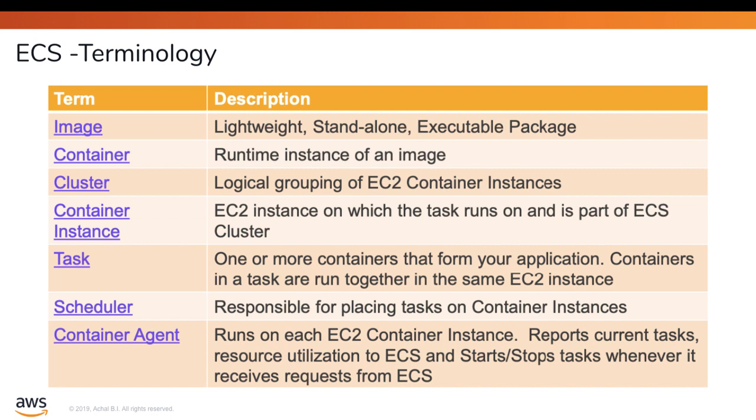This would help in resource management, and in starting and stopping the tasks whenever it receives requests from ECS. So if you are bringing up a particular EC2 instance of your own, then you need to have a container agent installed in it.